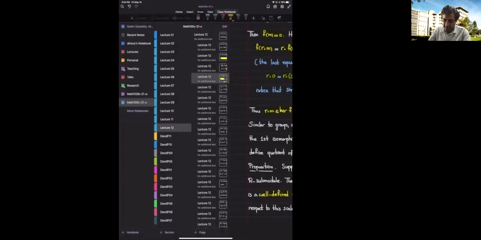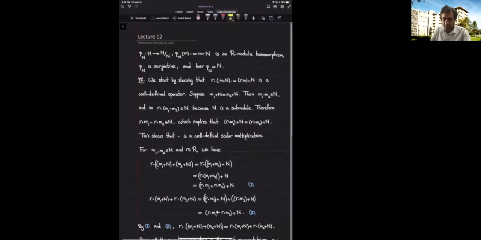Moreover, from this definition, we can see that the quotient map in the abelian setting, which sends an element of M to the coset that's represented by that element, is not only an abelian group homomorphism, it is also an R-module homomorphism. And again, from the group theory part, we already know that p sub N, this natural quotient map, is a surjective map, and its kernel is nothing but the module that we have modded out by.